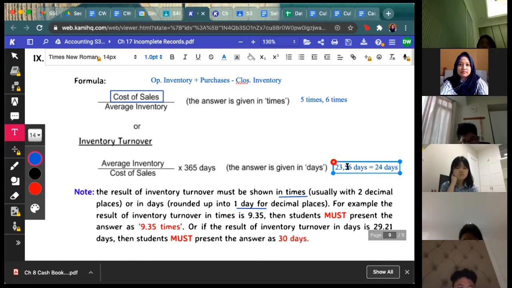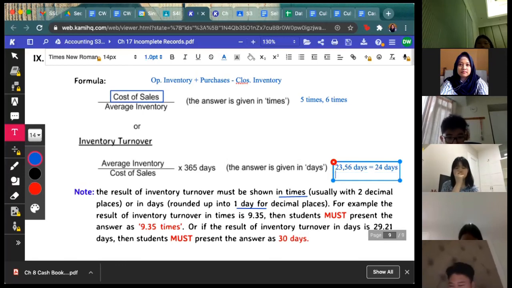Imagine that you go to a mall and you have to pay a parking fee, and your time is 1 hour 1 minute. You still have to pay that 1 minute as 1 hour, right? So it's the same with days.